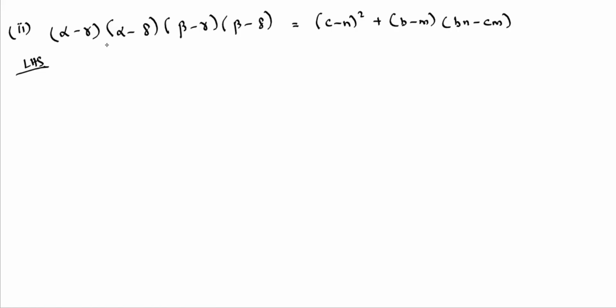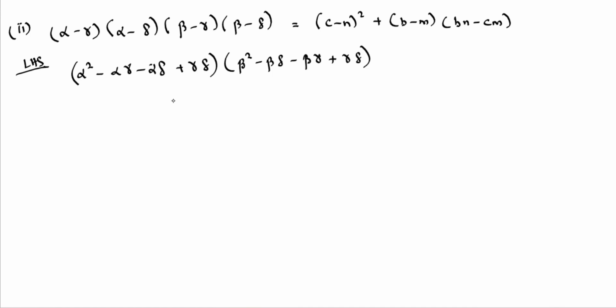So if you open brackets, you have alpha times alpha, alpha squared, minus alpha gamma, minus alpha delta, plus gamma delta. Same thing here, beta squared minus beta delta minus beta gamma plus delta gamma.